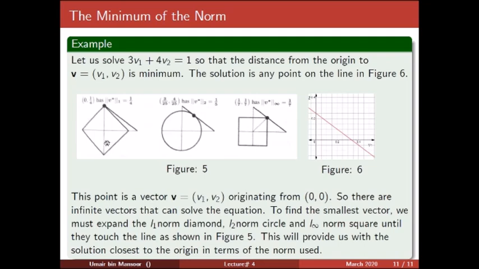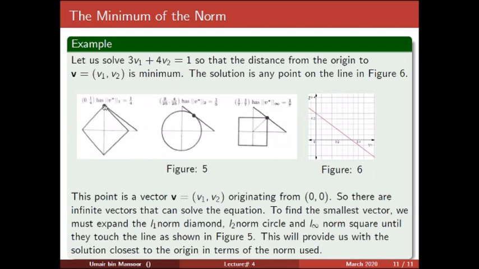So for the L1 norm, if we are looking for the smallest L1 norm vector that solves this equation, we start by making a diamond representing a particular L1 norm space. So let's start by expanding that diamond, and you'll see that a point will come when this diamond is going to touch this line at this point.